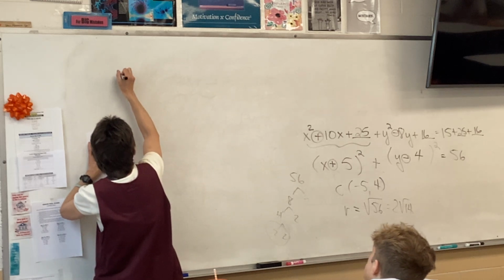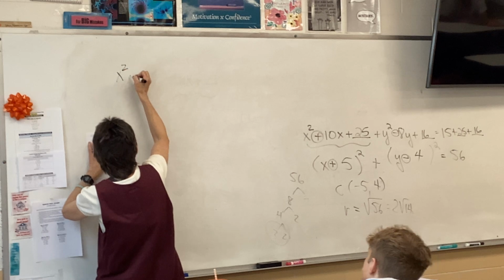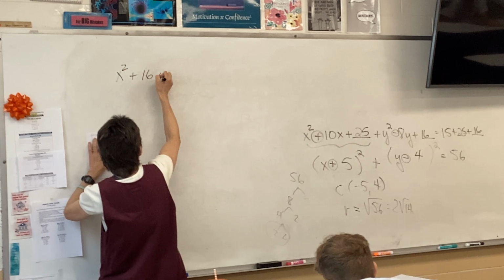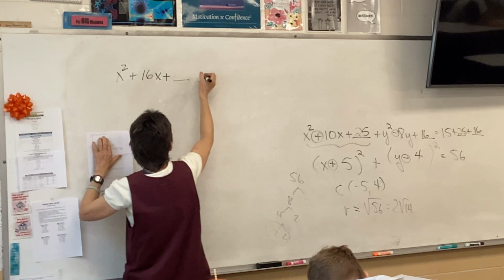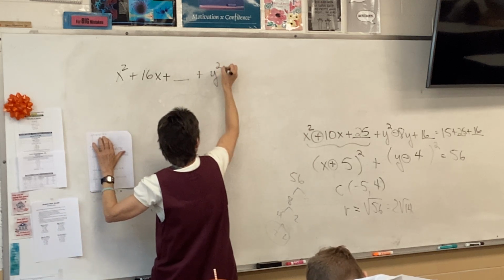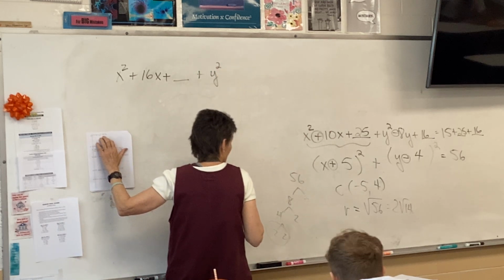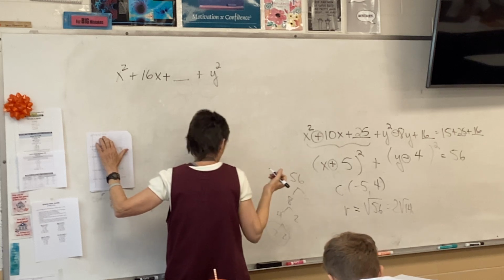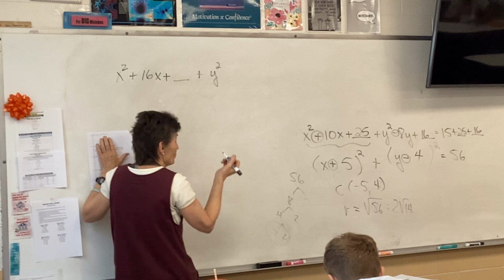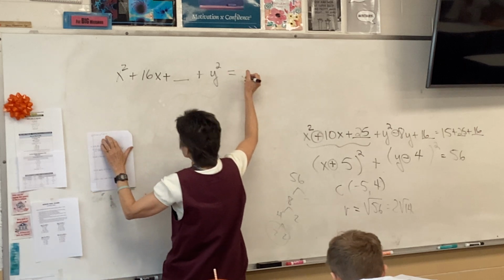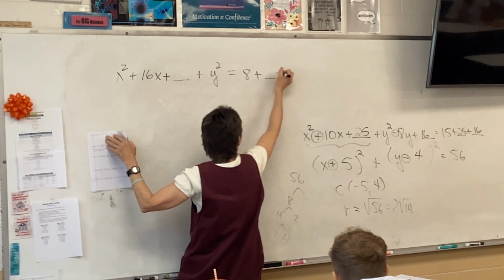Now, I don't want you to be confused. Put the X's together and leave a blank. Now, what do you notice about the Y's? There's only one. There isn't another one, right? There's only y squared, which is great news. And move that 8 over to the other side.